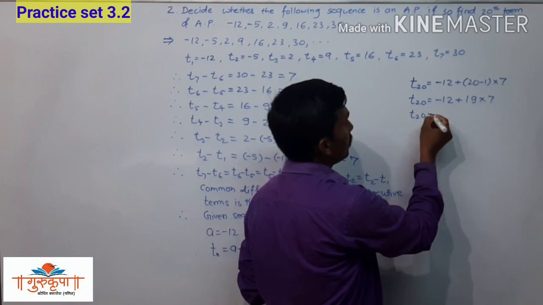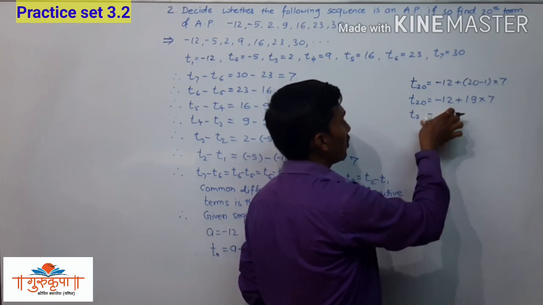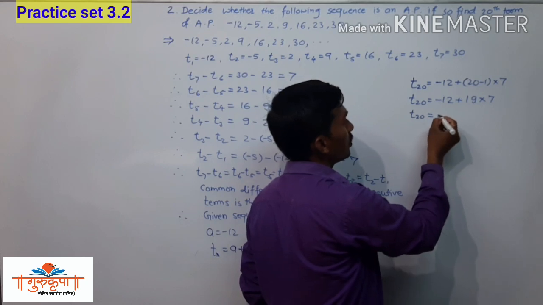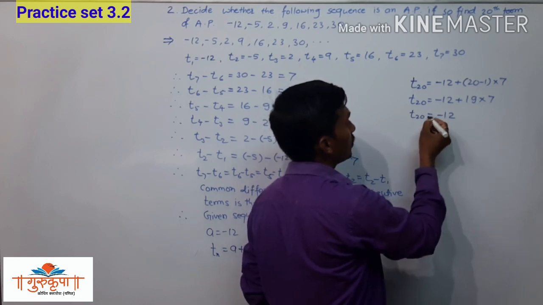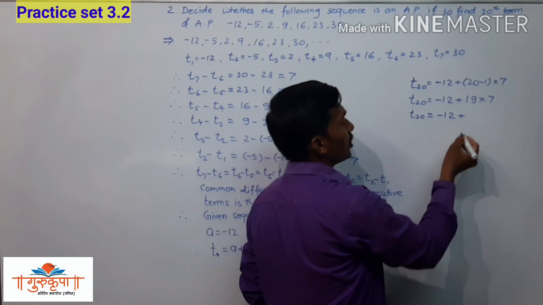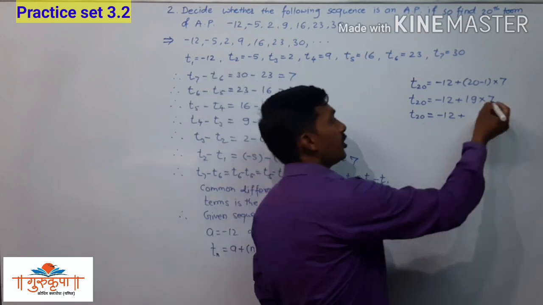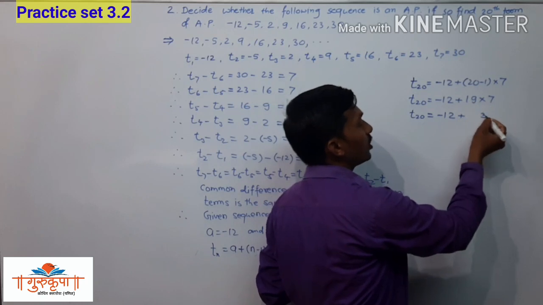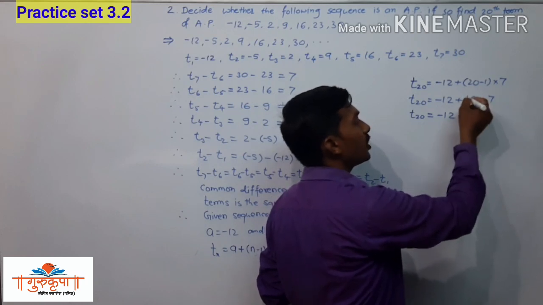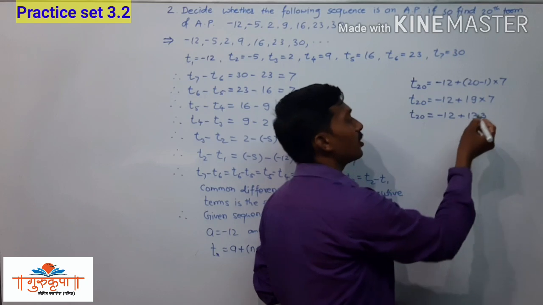T20 is equal to minus 12 as it is. 19 sevens are 133: 7 nines are 63, 6 carried, 7 ones are 7 plus 6, 13.